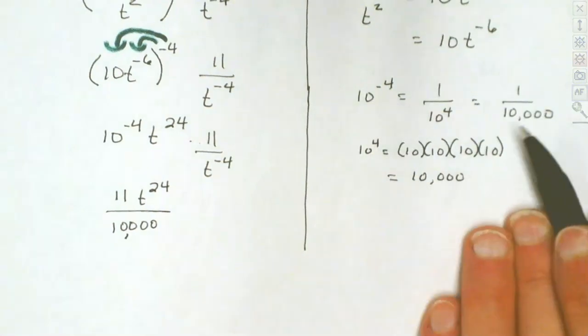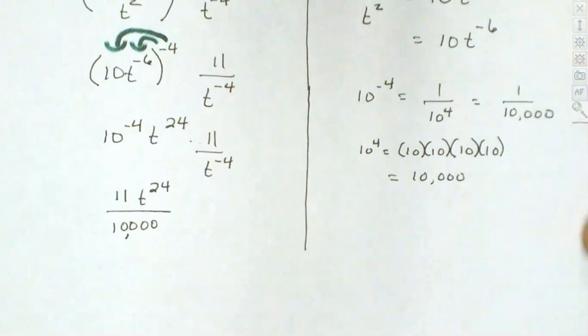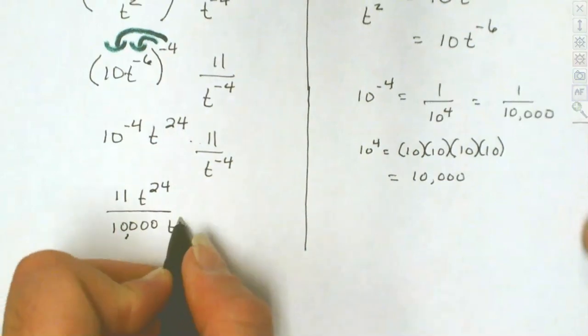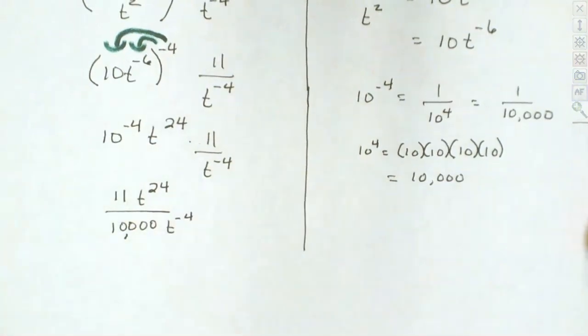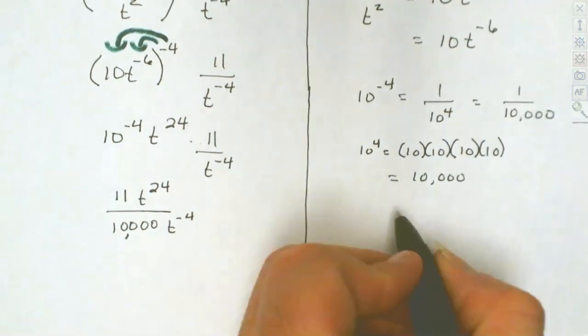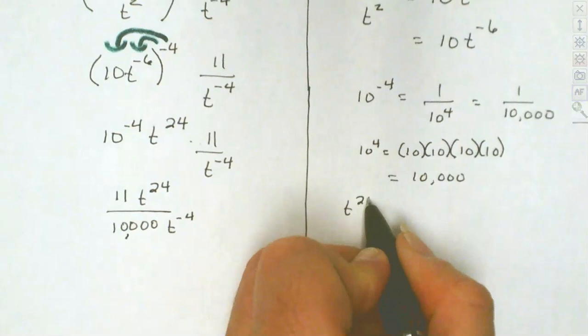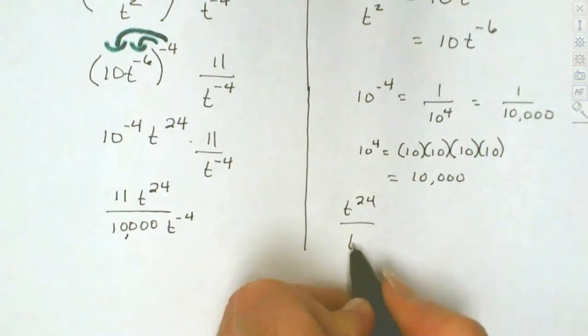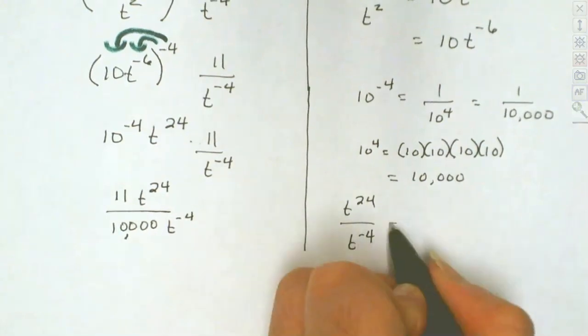We rewrote it. Remember, it's going to go down below. And what else do we have with it? We have a t to the negative 4th power. So we just do it step by step, slowly work your way through all of this. And our last step is going to be t to the 24th over t to the negative 4th power.